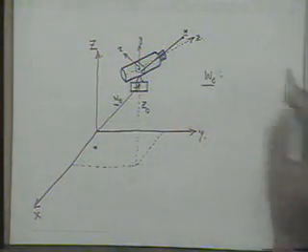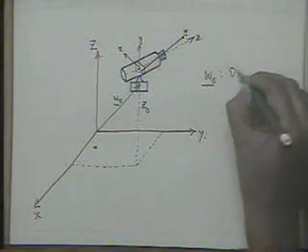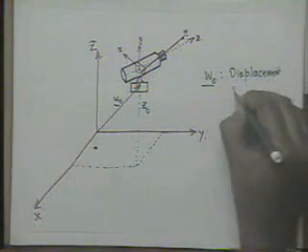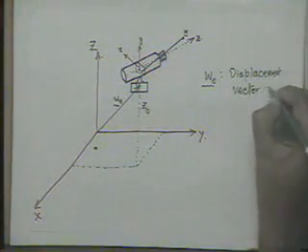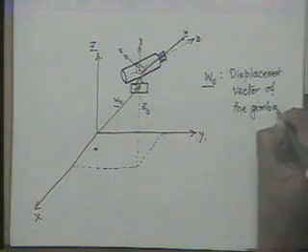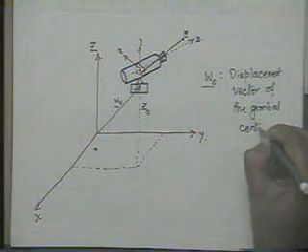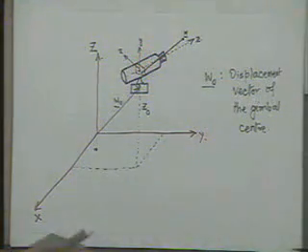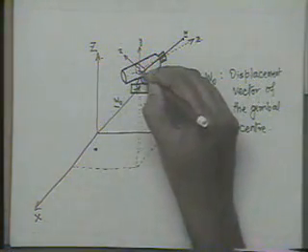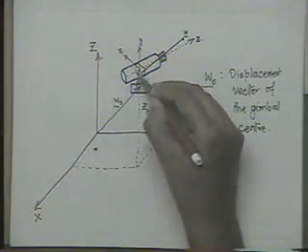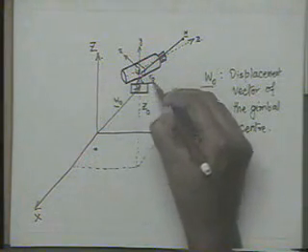So the W0 vector indicates the displacement of the camera's gimbal center from the capital XYZ coordinate system. W0 is the displacement vector of the gimbal center. Now we are also assuming that with respect to the gimbal center, the camera's imaging plane is located at another displacement vector R0.